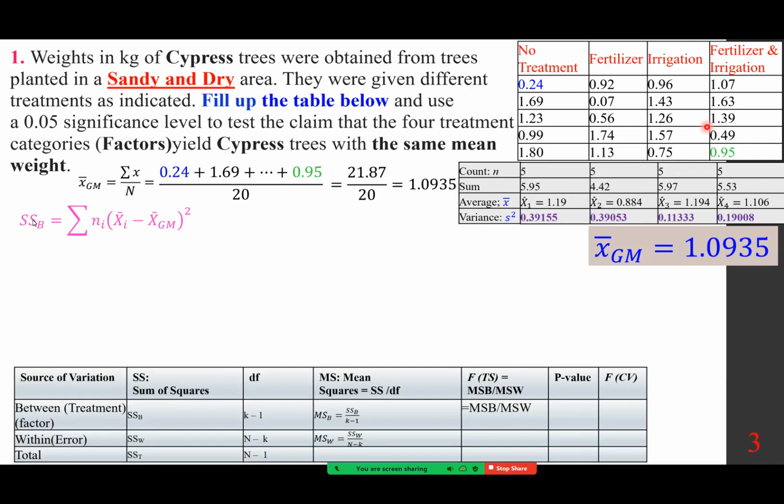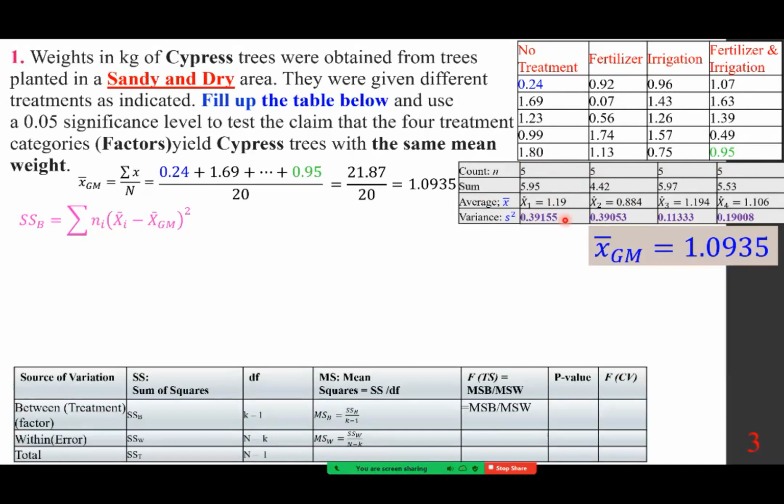SS stands for the sum of squares in between. So the sum of squares between is n sub i times x sub i bar minus x double bar, the grand mean. So in this case, for example, 1.19 minus 1.0935, and n sub i happens to be 5 for each case.